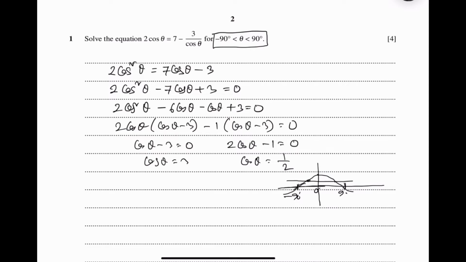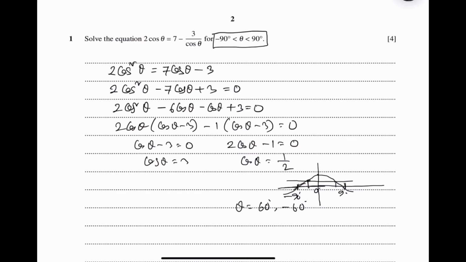So if we use a calculator, cos inverse half equals 60, and on this side cos inverse equals minus 60. So theta equals 60 degree, then minus 60 degree.